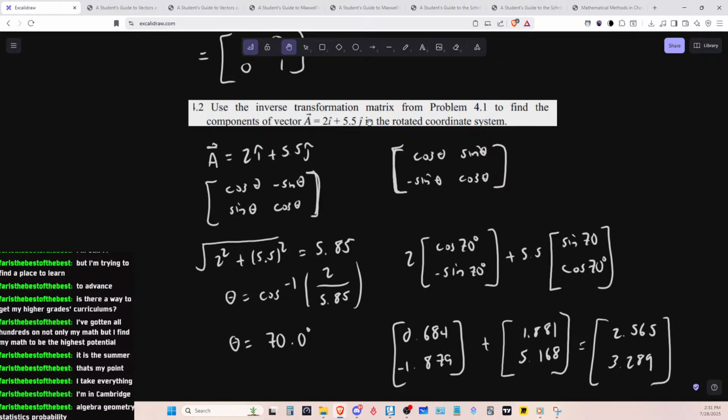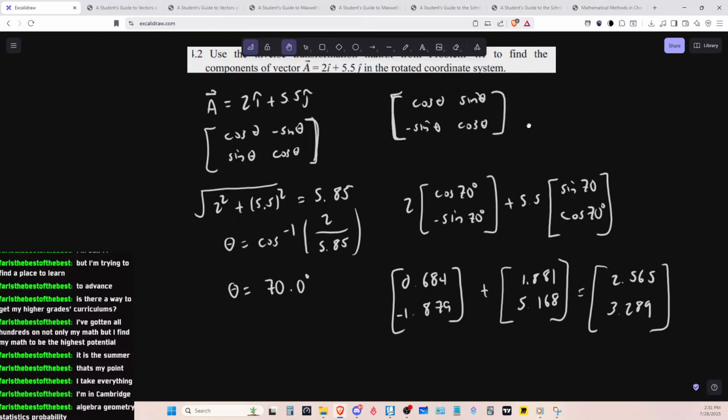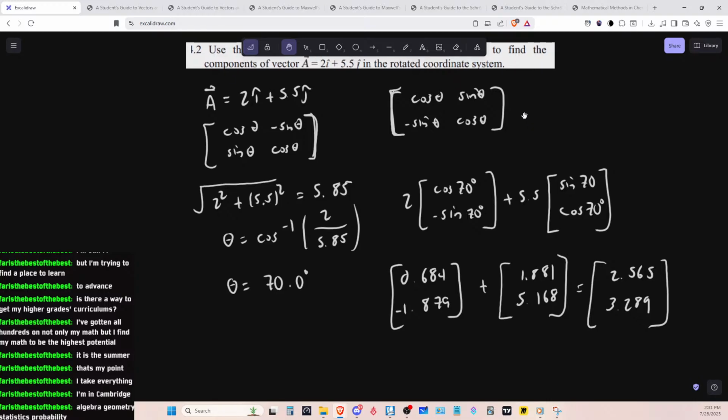Let's see, use the inverse matrix from problem 4.1. Oh, entrance exams of India. Oh, okay. I see. Oh, engineering. Okay. I see.